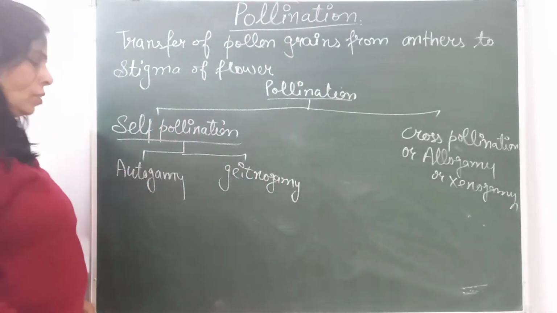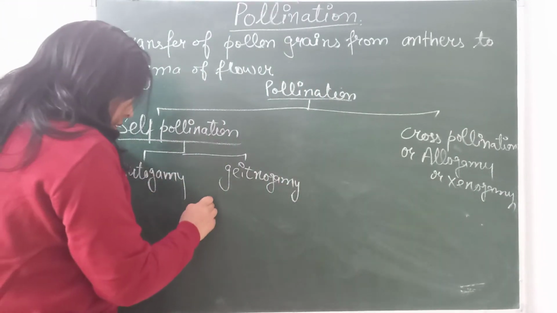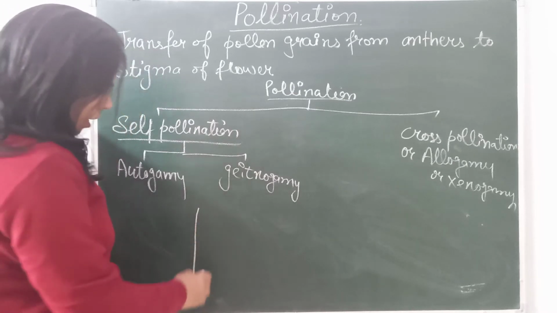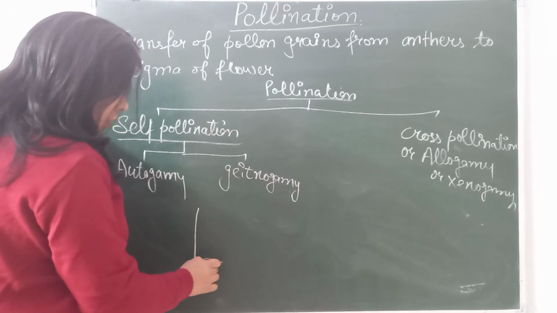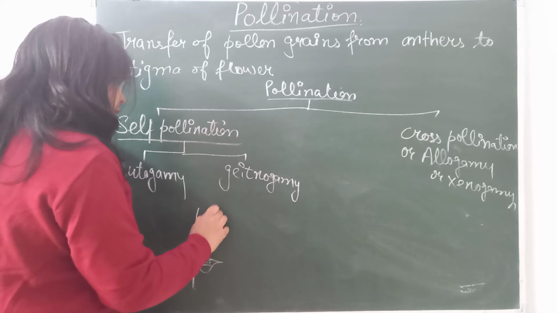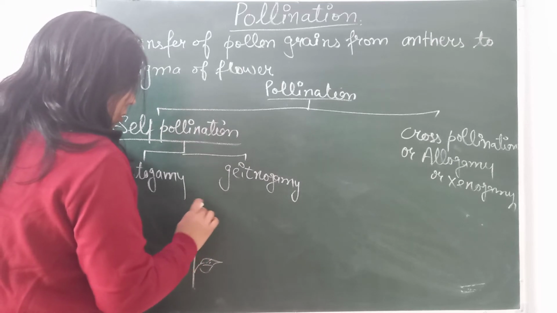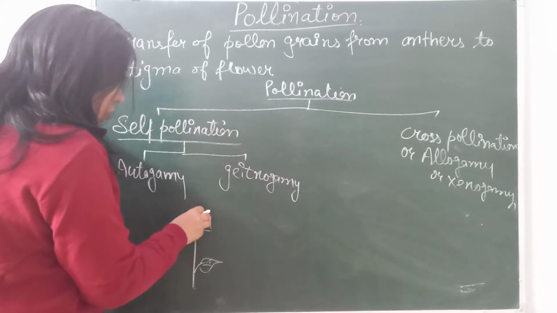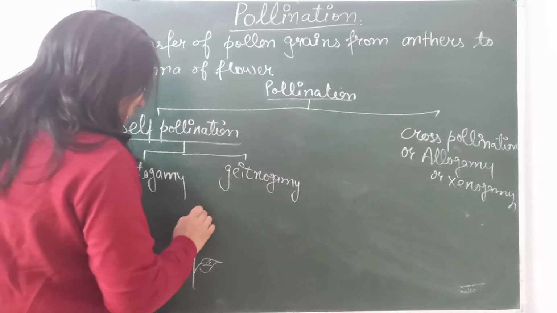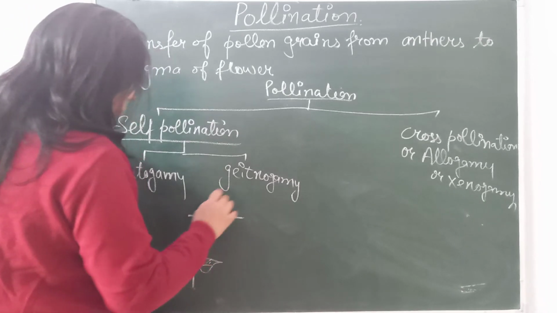Now, suppose this is one plant, right, and it has, let me make a flower. This is not the flower structure, but for understanding I am making it like this.